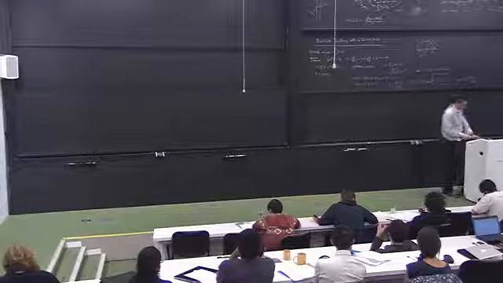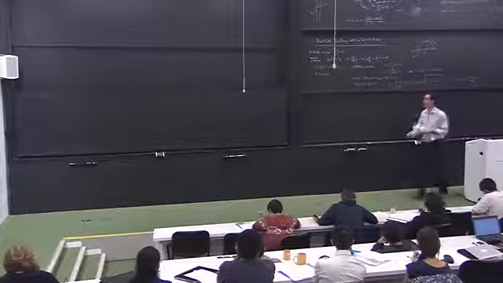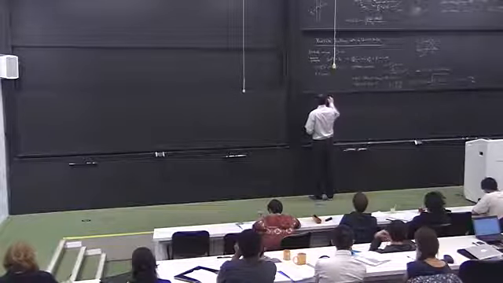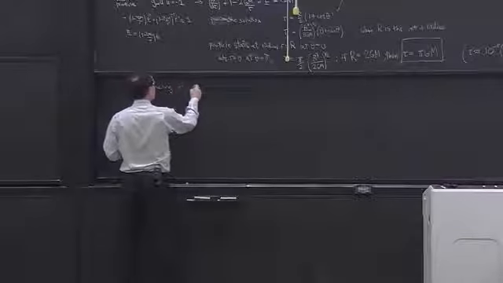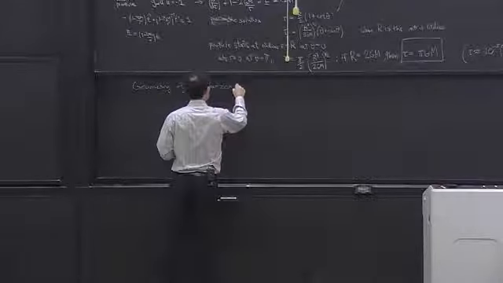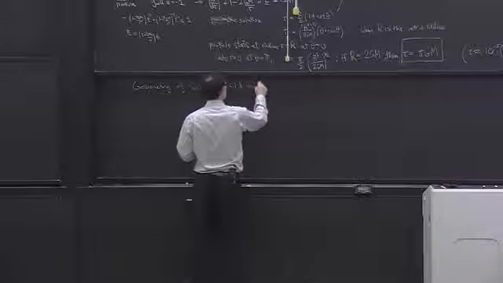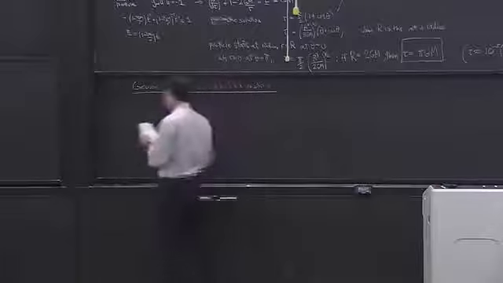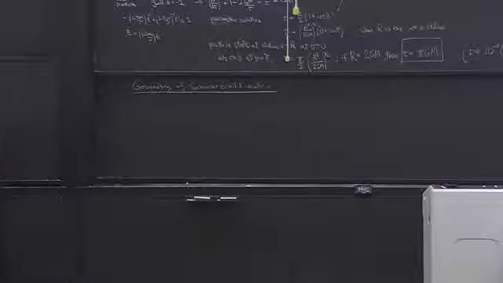Okay, so now let us study the geometry of the Schwarzschild metric in more detail, and hopefully get clearer the various problems in the coordinates.